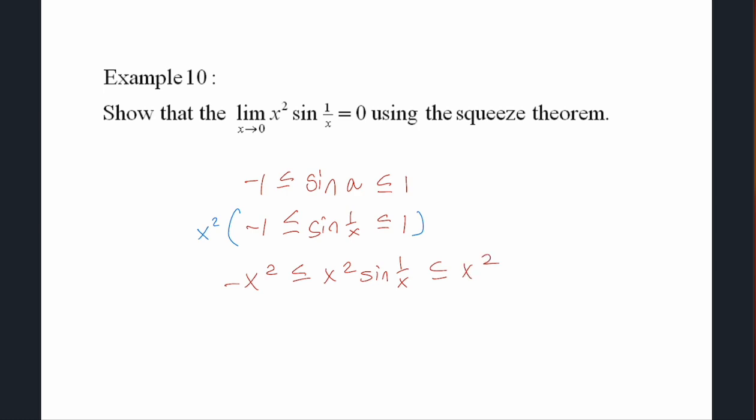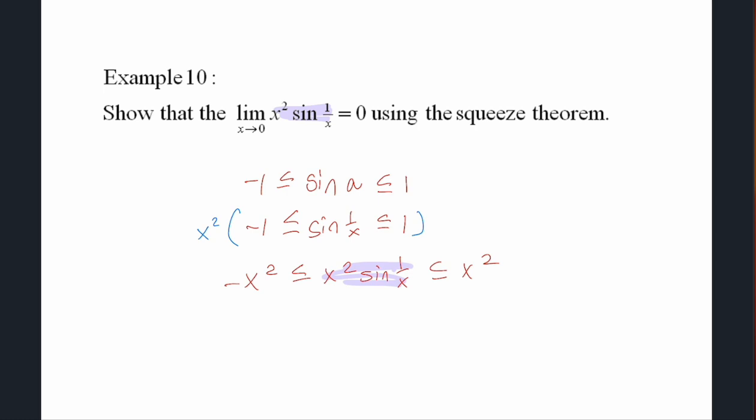That's the function we were looking for. So what we have done is we have found two functions that are squeezing the function we're looking for. That's a polynomial, right? That's great. We can use direct substitution on those.